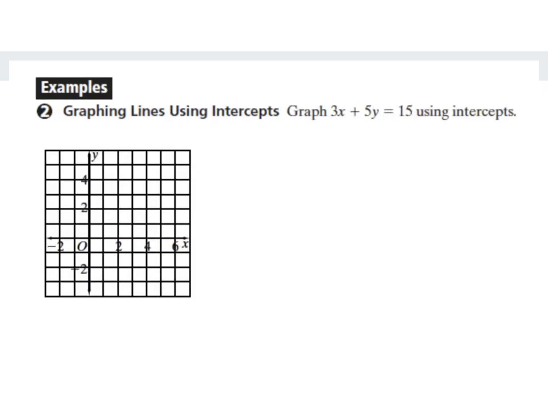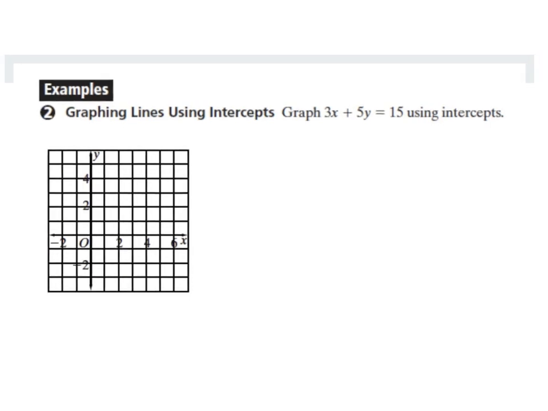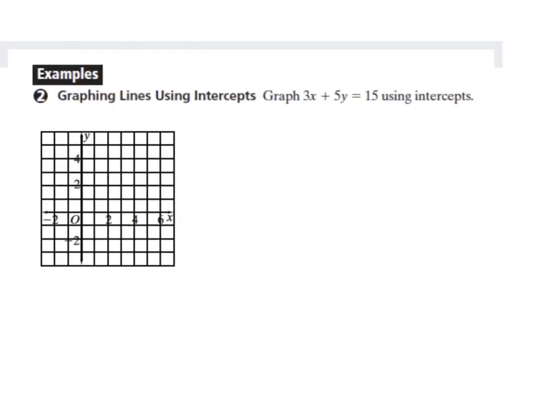So using intercepts to graph lines is great, especially when they are in standard form like this. Otherwise, you'd have to take the time to rearrange this equation into slope-intercept form and go from there. It's a little time consuming. So using our standard form, we can plug in 0 for x and 0 for y to find our intercepts.